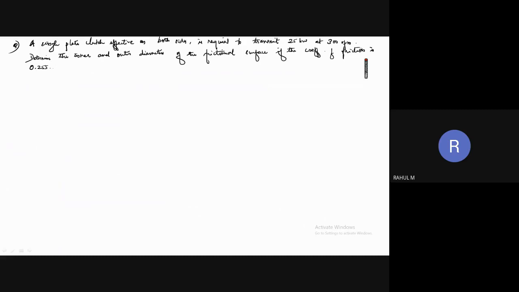Ratio of diameters is 1.25, and the maximum pressure is not to exceed 0.1 Newton per mm square.